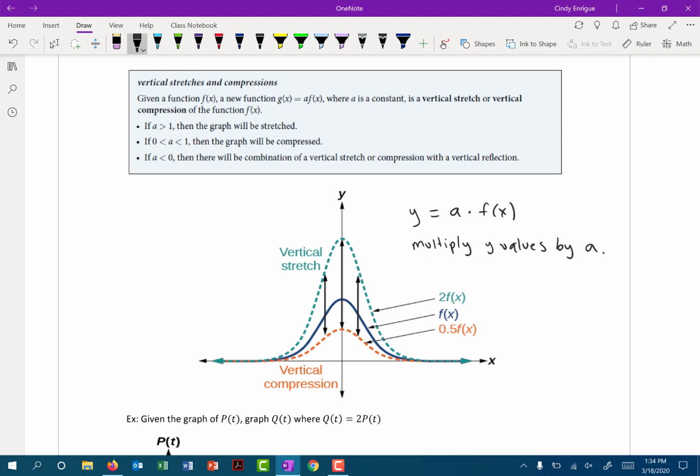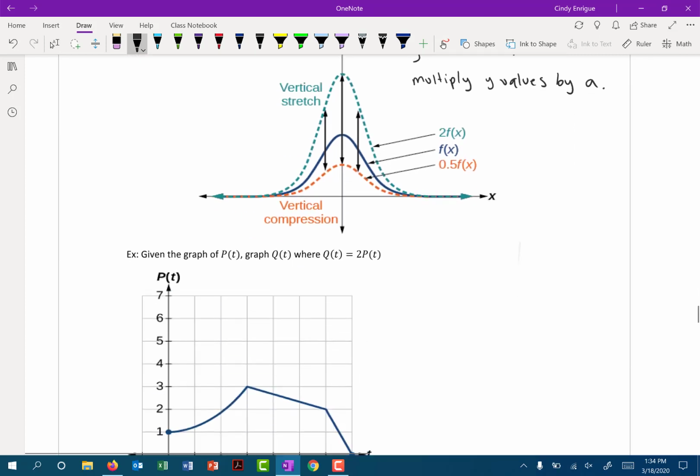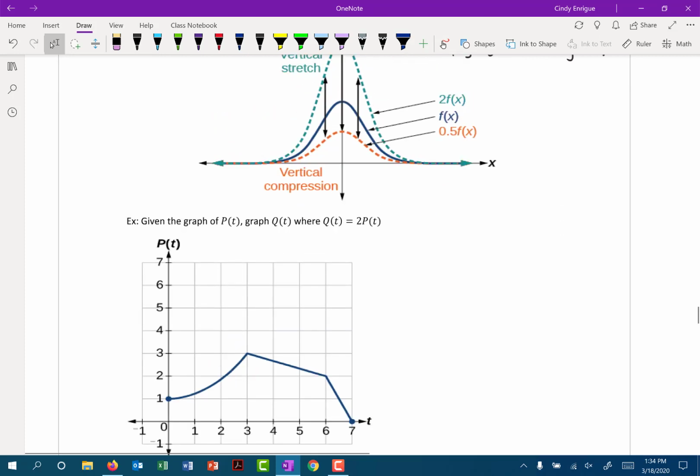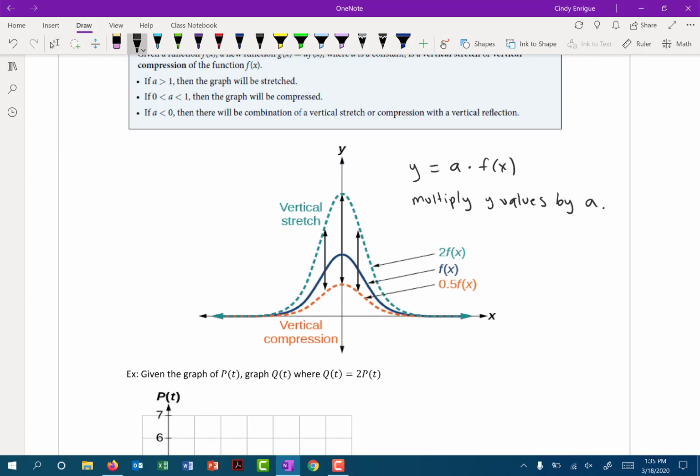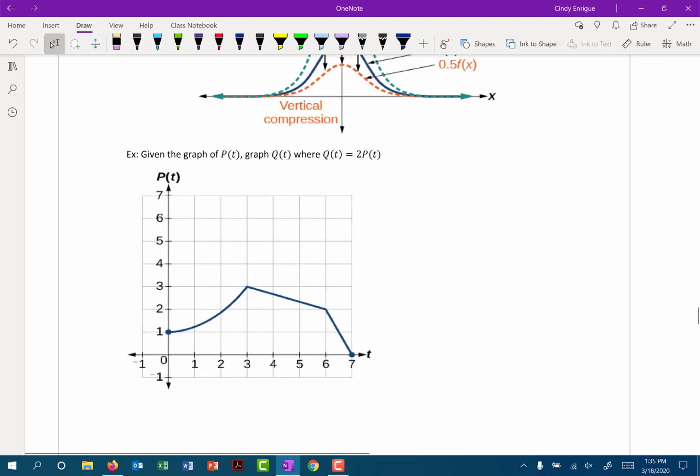Okay? That's what you're doing. So, for example, I am moving everything as a vertical stretch. So given the graph of P of t, graph Q of t, where Q of t is equal to 2 times P of t. And you're just like, okay, well, I think I understand what's going on.